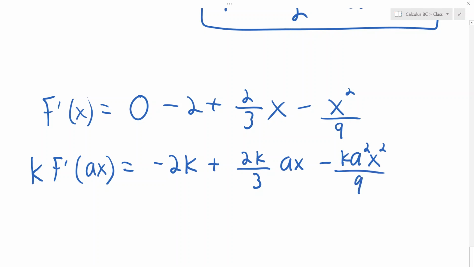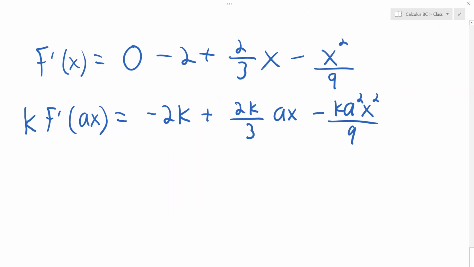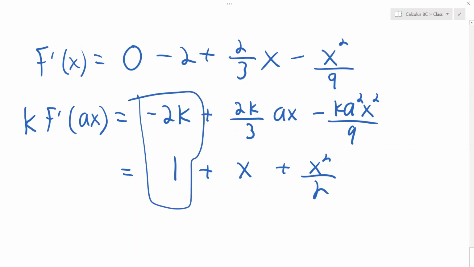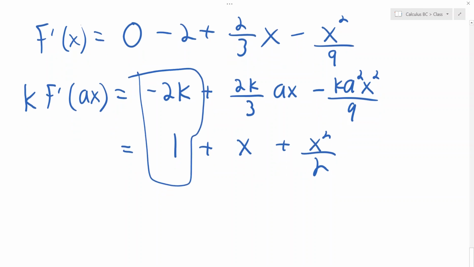Now that seems complicated, but all that is a whole bunch of terms that tell me what I need to do. Remember, we need this to equal 1 plus x plus x squared over 2. That just gives me all these equations. Look, right away, what's k have to be? It has to be negative a half, right? It has to spit out a 1 there.